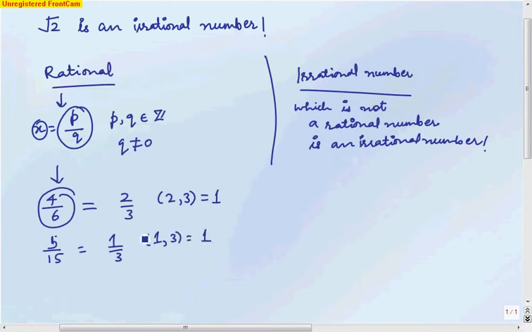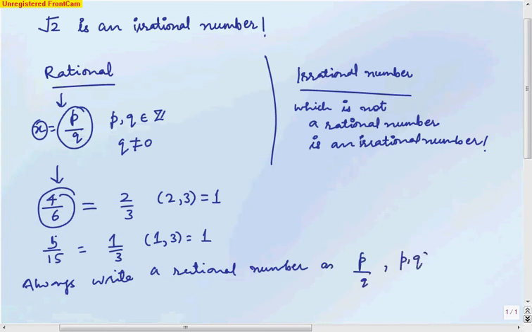So we can always write a rational number as p upon q with GCD of p and q being 1. This is just for simplicity. This thing is helpful in many situations.